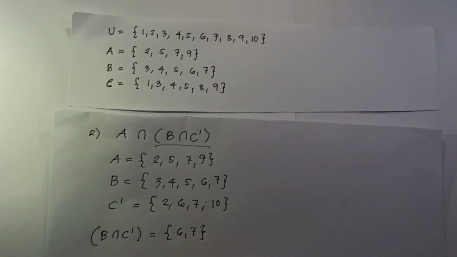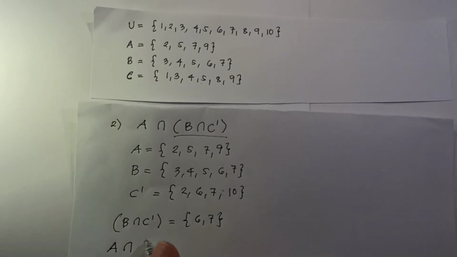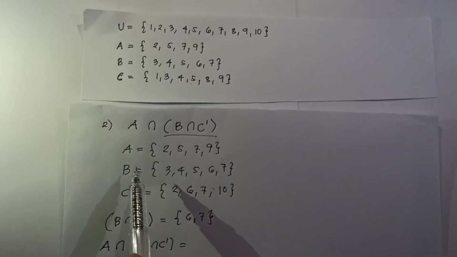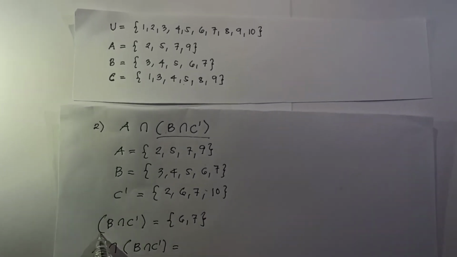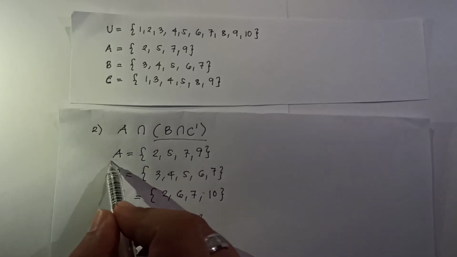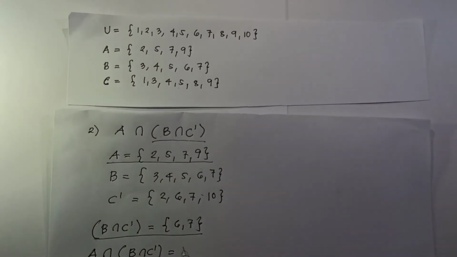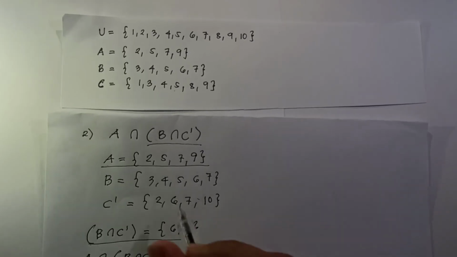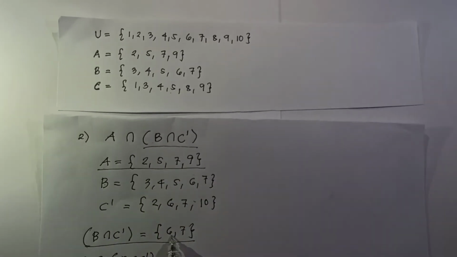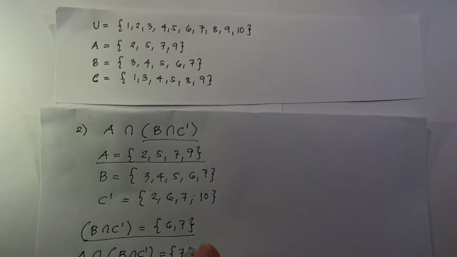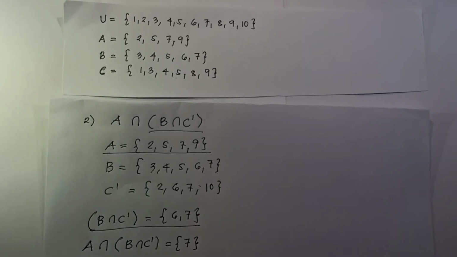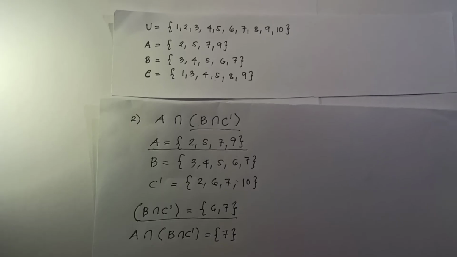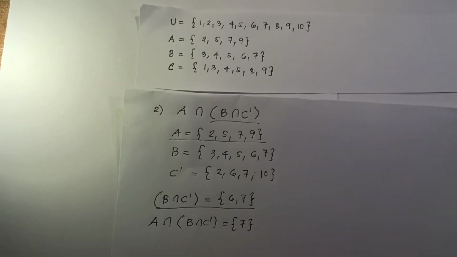Since A intersection of B intersection of C prime, we're going to take the intersection of this part and A. So the common between the two is only 7, right? 2, 5, 7, 9, and 6, 7. The common is 7. So therefore, A intersection of B intersection of C prime is equal to the element of 7.